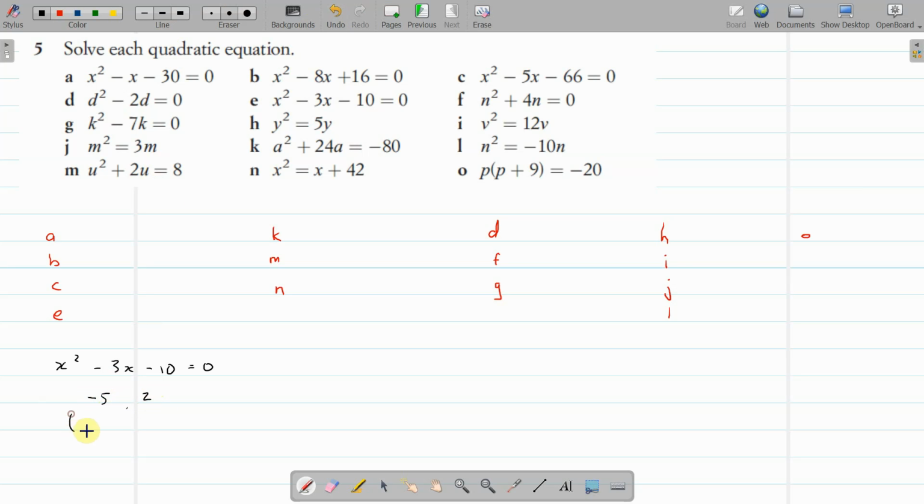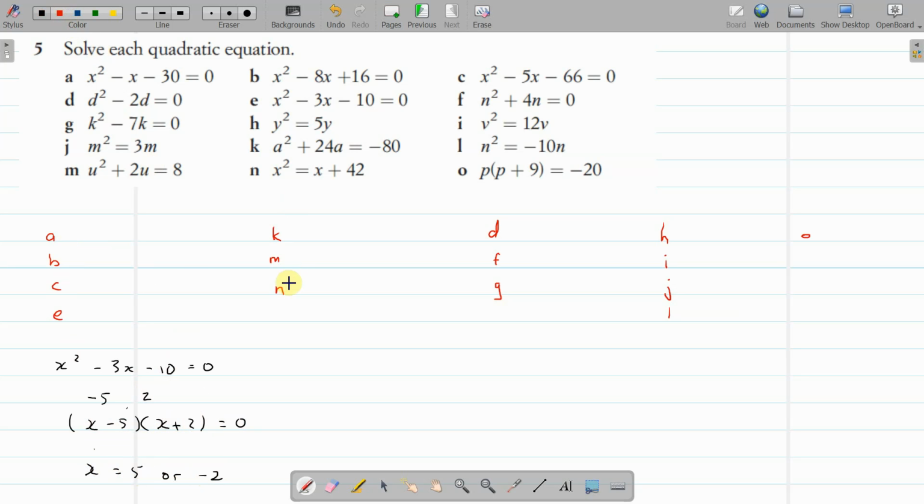There's the two numbers. And as we did before, to get it equal 0, you do the opposite. So x has got to equal 5 to make that 0, or minus 2 to get that equal 0. A, B, C and E are all done the same way.